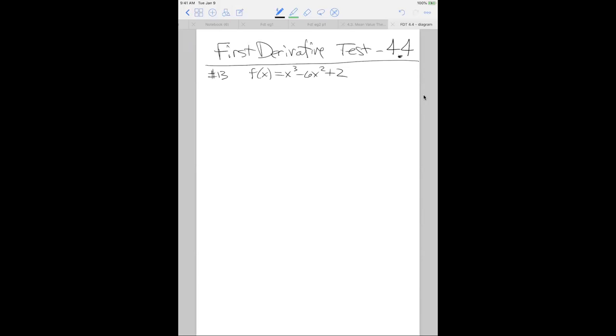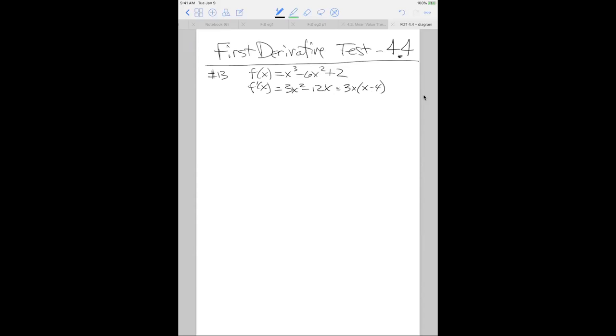So let's first of all find the critical numbers. In other words, I've got to take the derivative of f of x. So the derivative is equal to 3x squared minus 12x. And that can be factored: I can see a 3x is common, 3 is common, and x is common. Therefore, that leaves me with x minus 4.